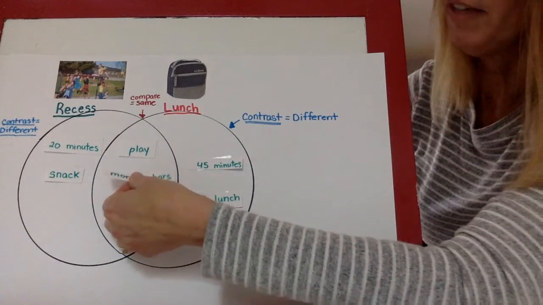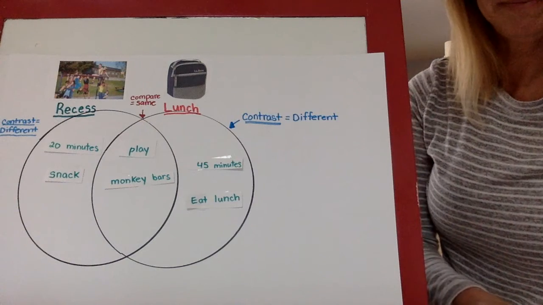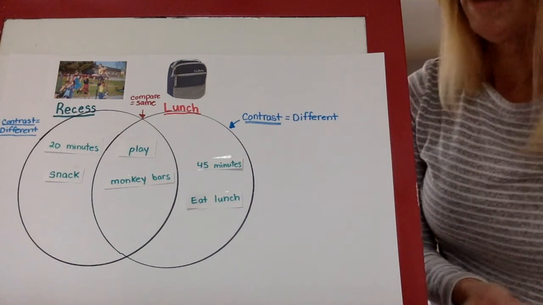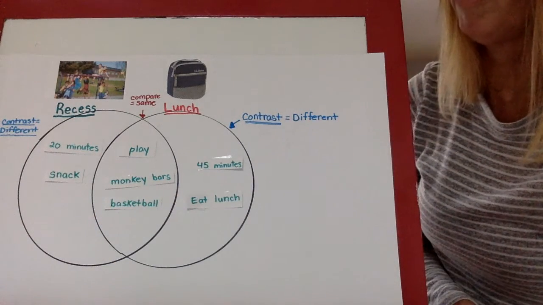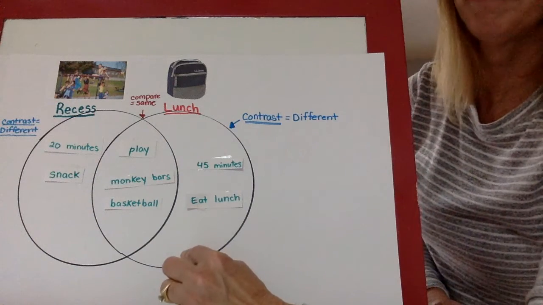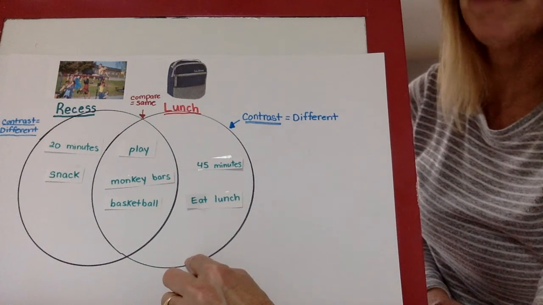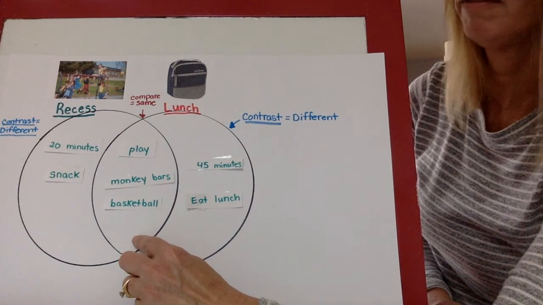Well, a lot of kids do monkey bars at both recess and lunchtime. A lot of kids do basketball or soccer, football, many different things that they might do during recess and lunchtime. Can you think of something else you might add to the compare or same section?